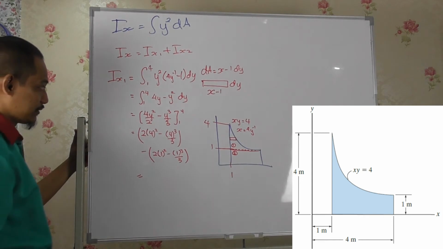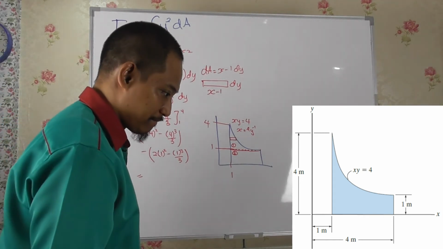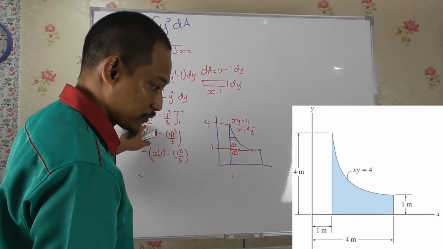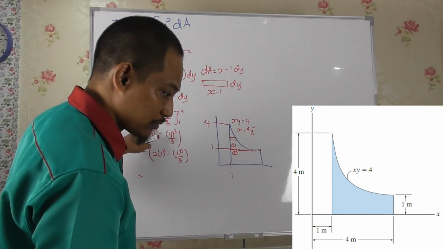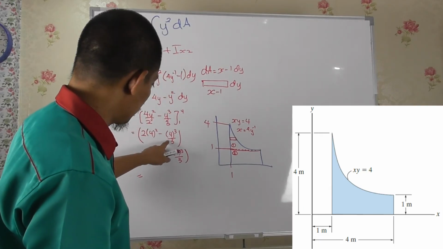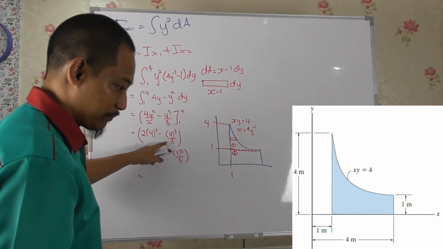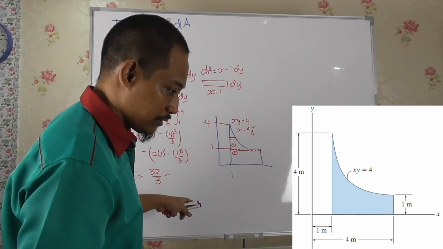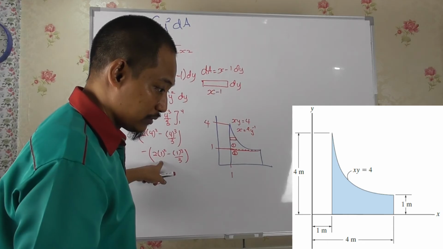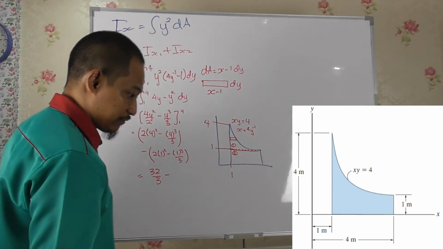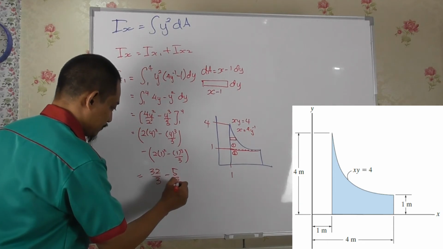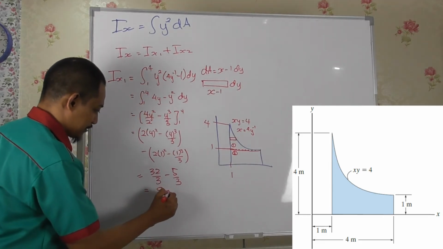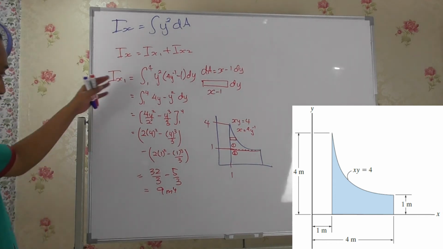If you do this, what do you get? 4 squared minus 4 cubed over 3 becomes 32 over 3, and then minus 2, 1, and then 1 over 3 becomes 5 over 3. So this becomes 9 meter to the power 4. This is the whole thing.